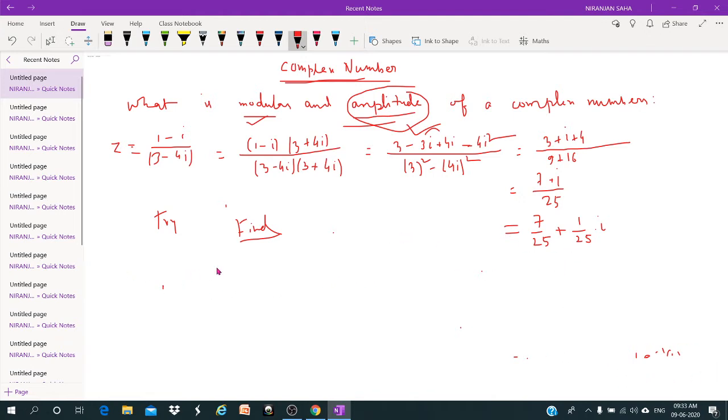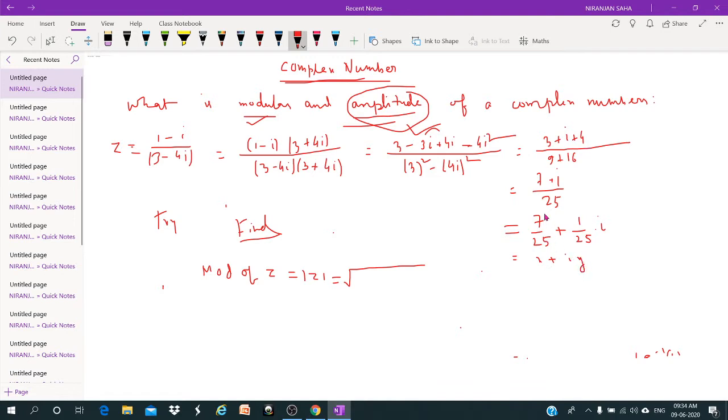Again, we will have to find out the modulus. So mod of z, written as mod z, which will be root over x square plus y square. So what is x and what is y? It can be written in this way: x plus iota y.